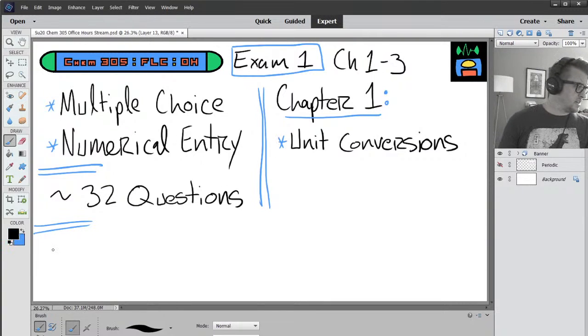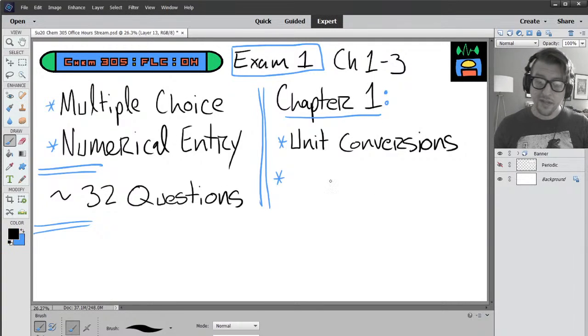And the second chapter 1 topic that's on the exam, which technically it's chapter 1, but it's also technically in other chapters as well, is density.